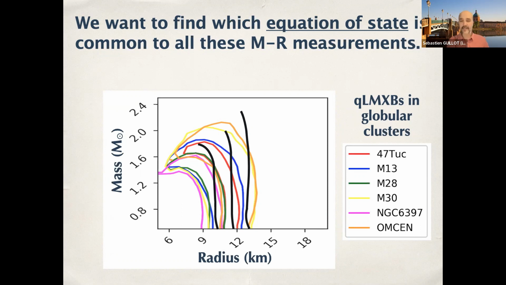So either analytical parameterization of the equation of state by describing your pressure-density relation by a series of connected polytropes, or there are also ways to parameterize the equation of state in a physically realistic way.